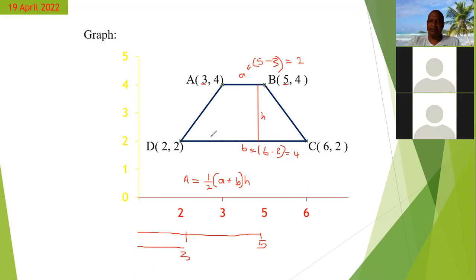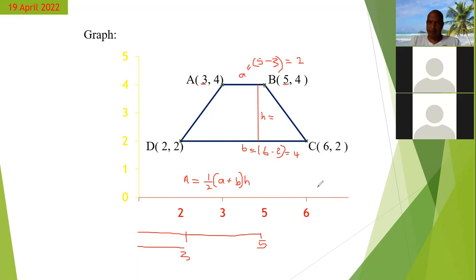How about H? How can we find the value for H? Now H is running along the y-axis, so now you have to consider the values for y.